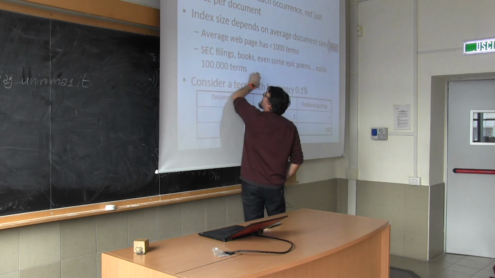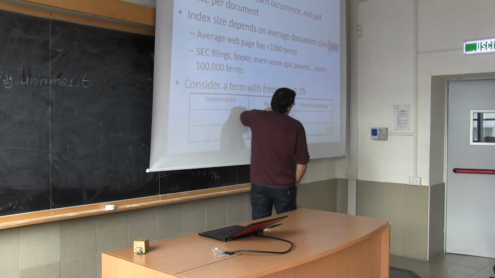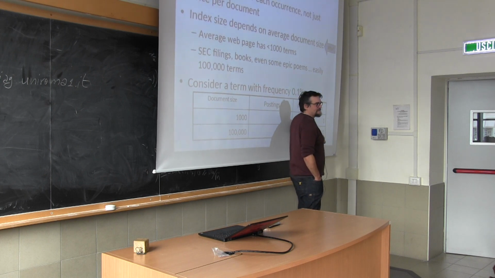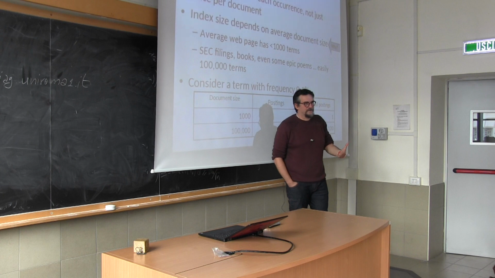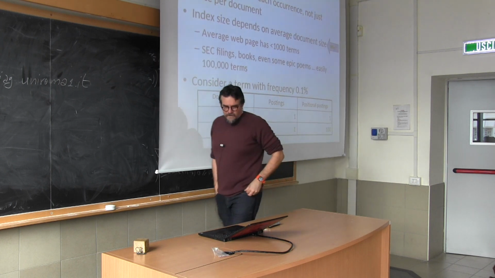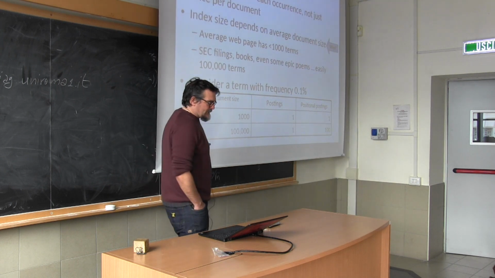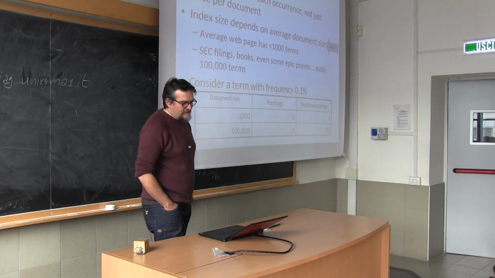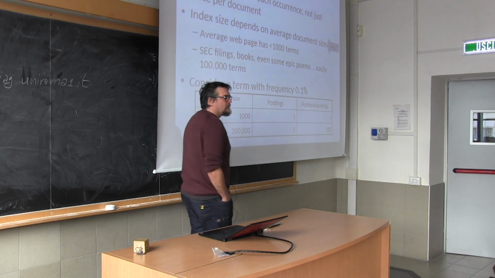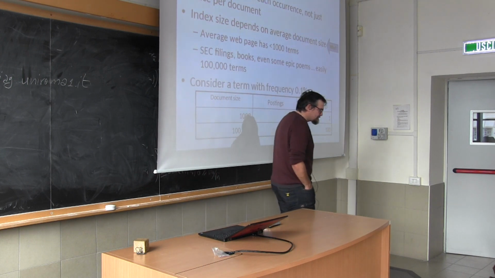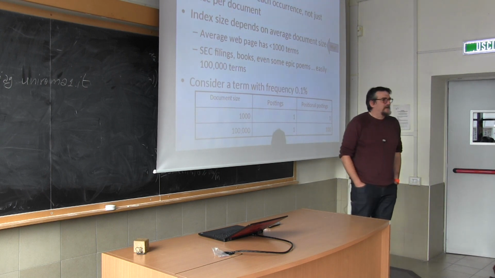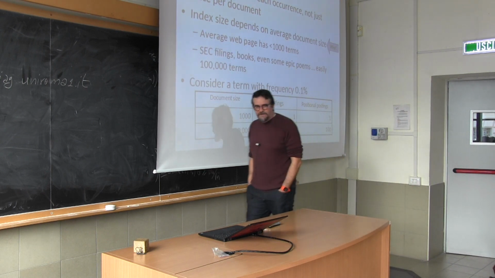But if it is 10,000, it is 100. So you see, it's pretty big. So clearly this can be a problem, and we need some solution to save space. And again, compression is one of those techniques.